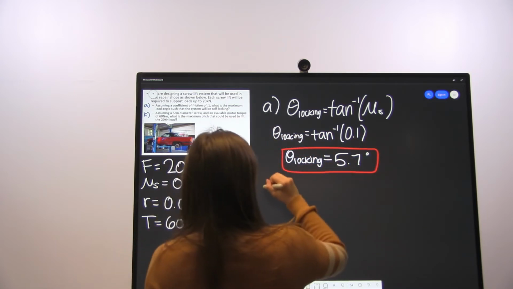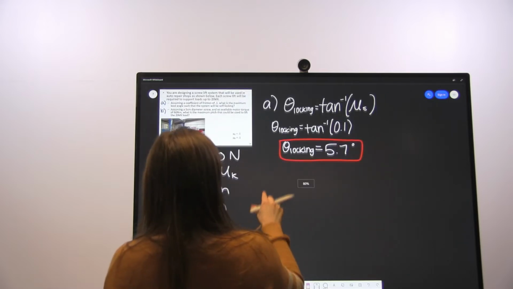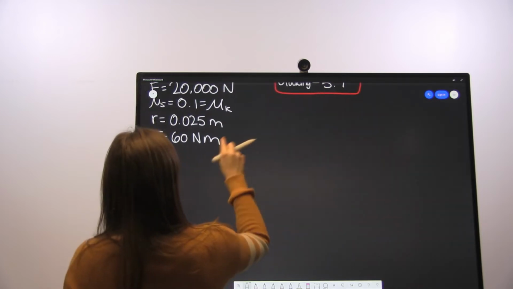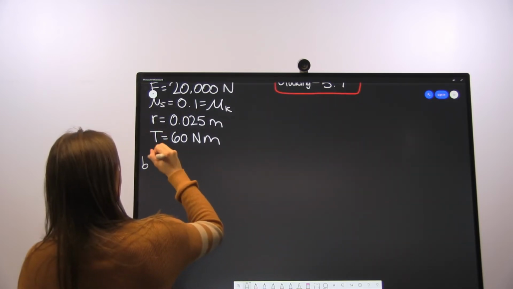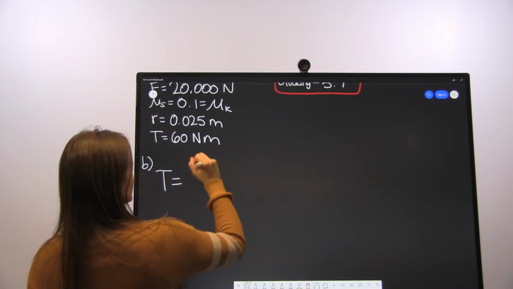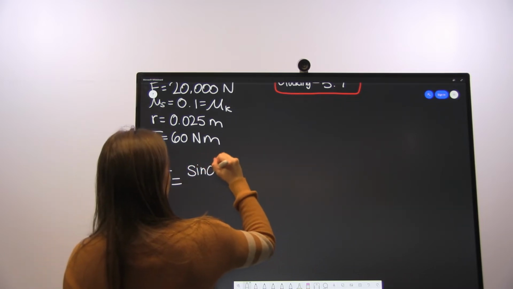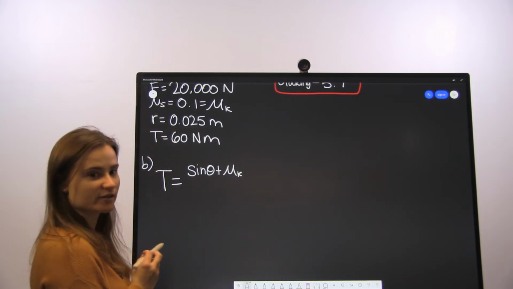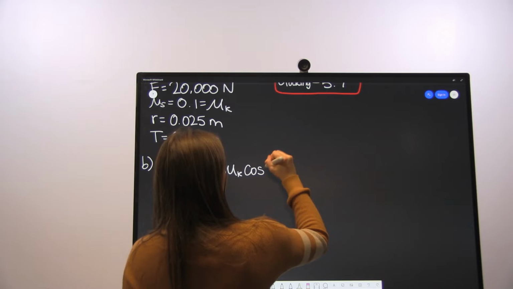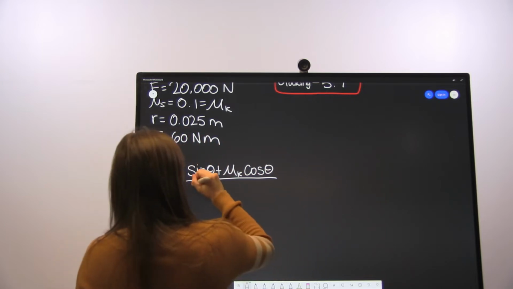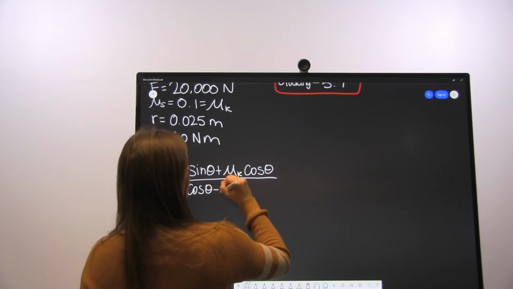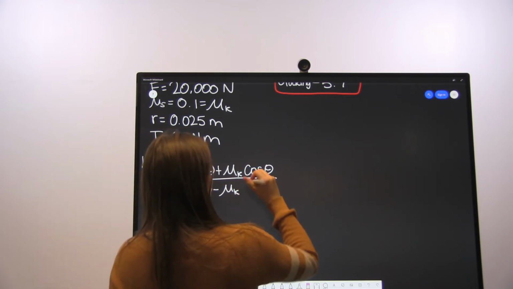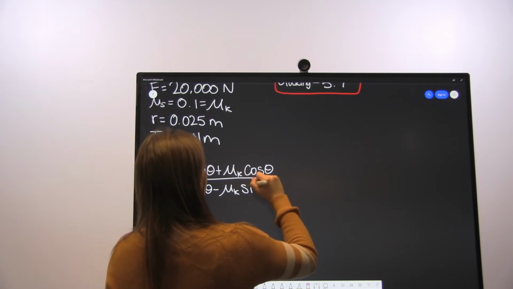Now for the second part, we have our other equation, which is for part B, torque is equal to sine theta plus the coefficient of kinetic friction times cosine theta divided by cosine theta minus the coefficient of kinetic friction times sine theta.